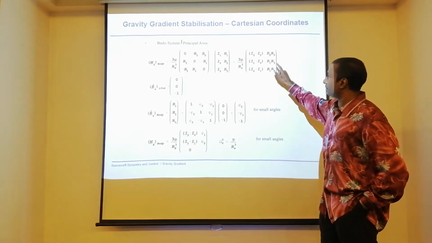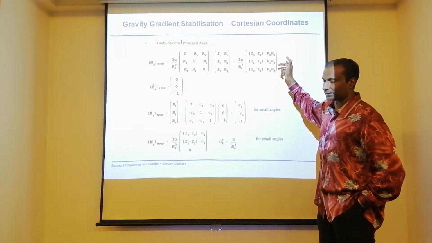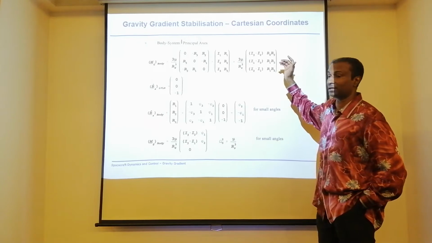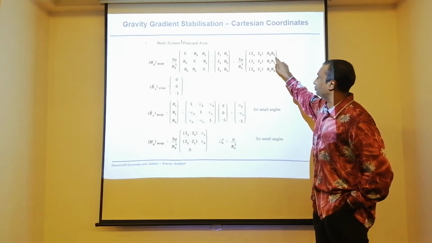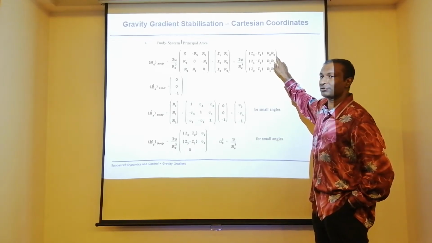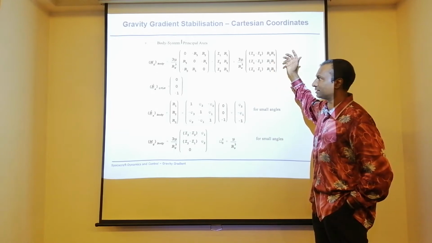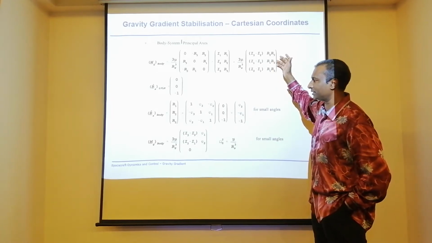Okay? So what you see here is this. Remember, R hat we have defined as a unit vector. So I should be able to see how this unit vector is going to react, or rather is found in this particular equation.